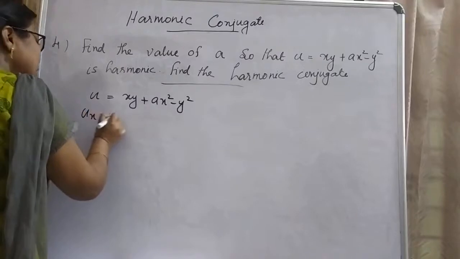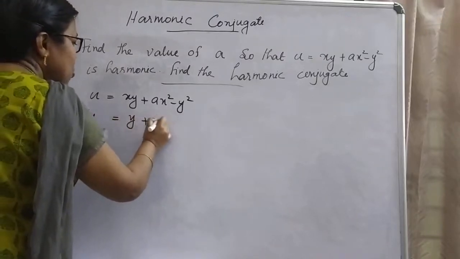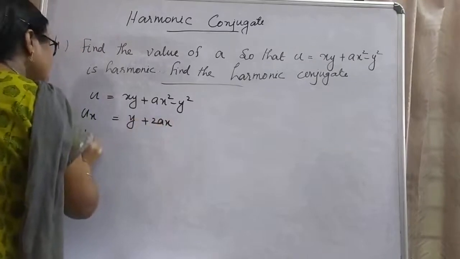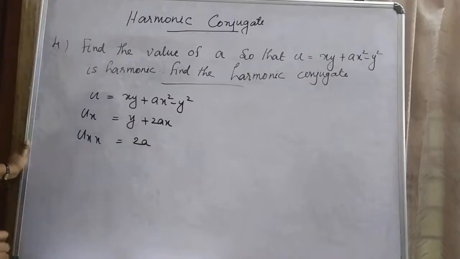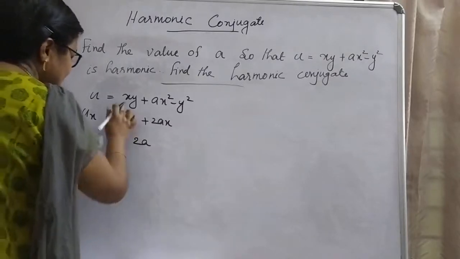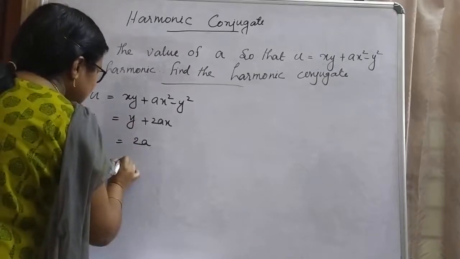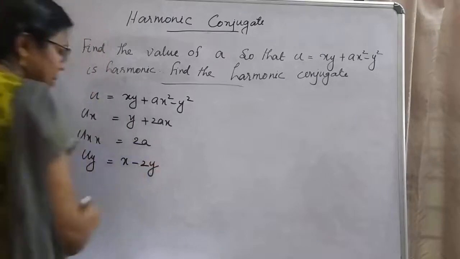Ux is partial derivative of u with respect to x, which is y plus 2ax. Then uxx, which is 2a. Now uy, partial derivative of u with respect to y, which is x minus 2y.